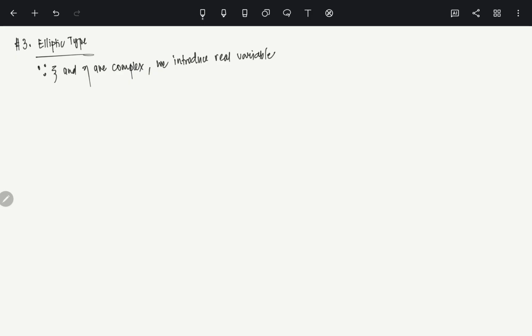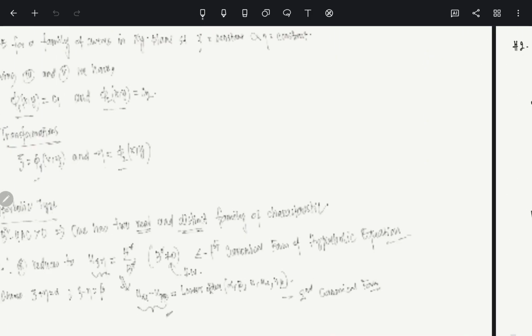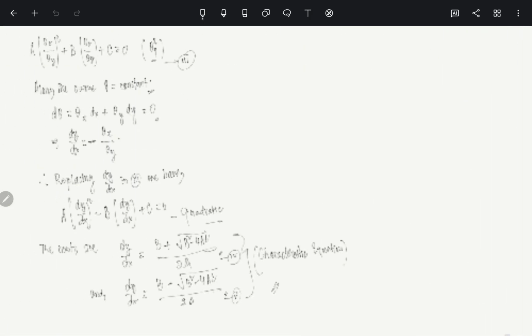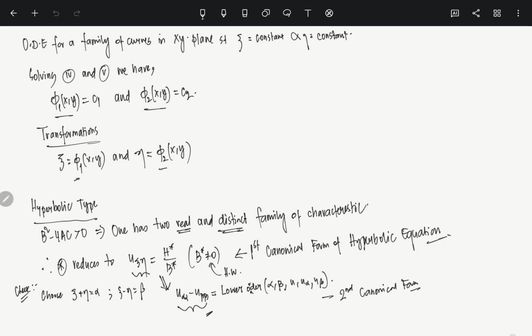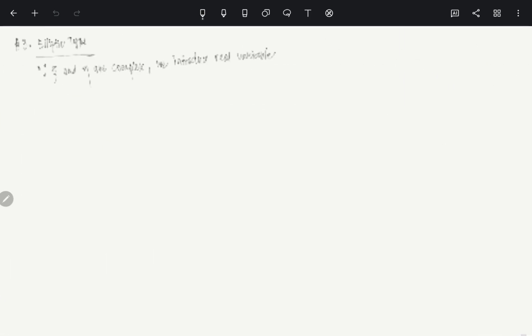If you solve the equation, the phi 1 and phi 2 which you are going to get are basically complex, involving a real part and an imaginary part. So xi and eta will also be complex. But we don't want to keep complex variables, we just want all real variables. So how do we put it?